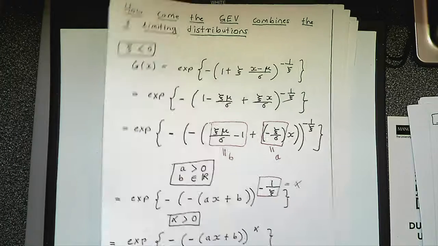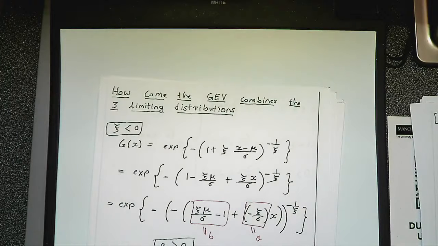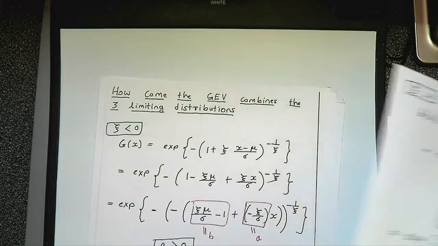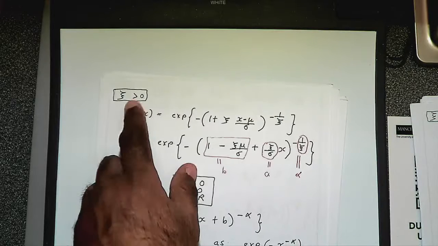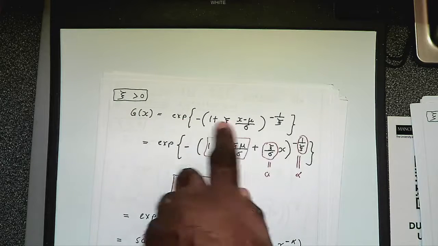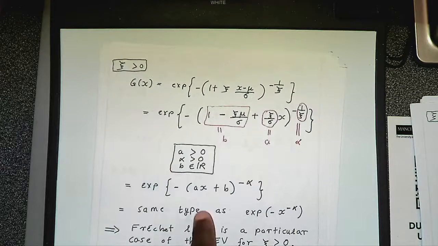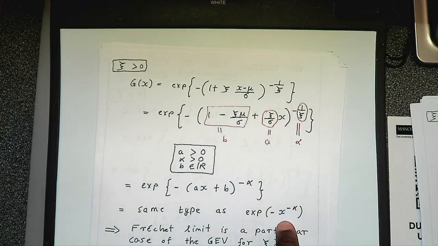And when psi is positive, it turns out that this formula reduces to this formula here, which is of the same type as this, and this is the Frechet limit that we talked about last week.